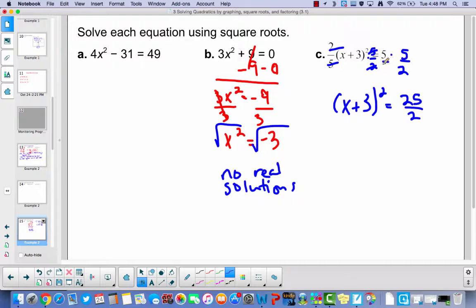Remember, this is 5 over 1, so we just multiply our numerators, multiply our denominators. Now the squared term is by itself because this x plus 3 is in parentheses, and it has to stay together until we're done. So now I'm going to take the square root of both sides.